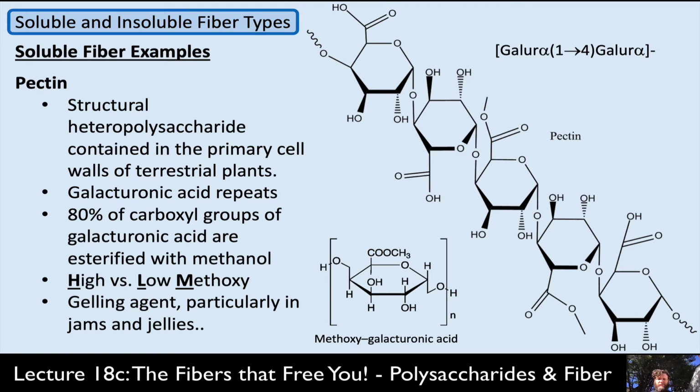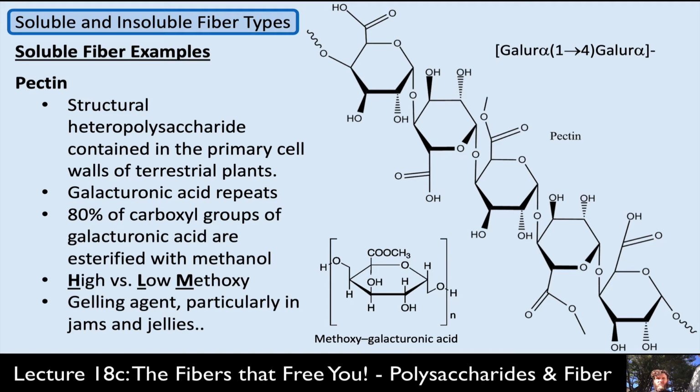Those galacturonic acids can be methoxylated, meaning that there's a methoxy group on the carboxylic acid. It forms an ester, if you remember what an ester is. An ester is the linkage that you find in triglycerides. It forms a methyl ester on the carboxylic acid on the C6 position of the galacturonic acid.